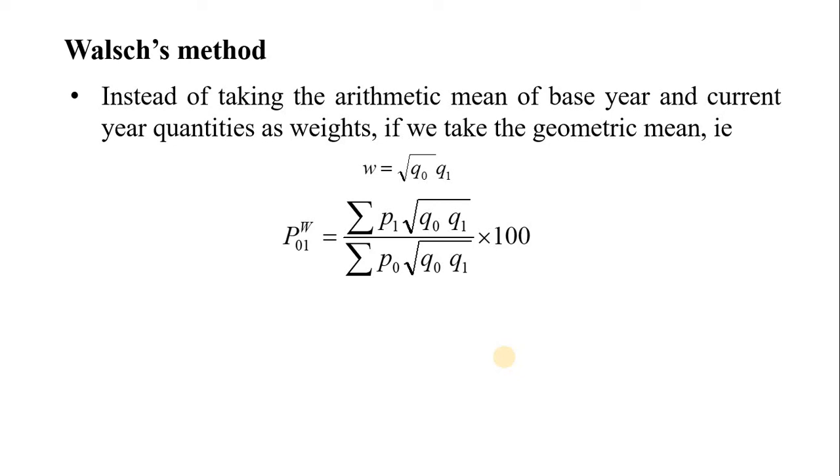Under the Walsh method, weight is equal to root of Q0 into Q1. So the price index number is equal to sigma P1 into root of Q0 Q1 divided by sigma P0 into root of Q0 Q1, into 100.